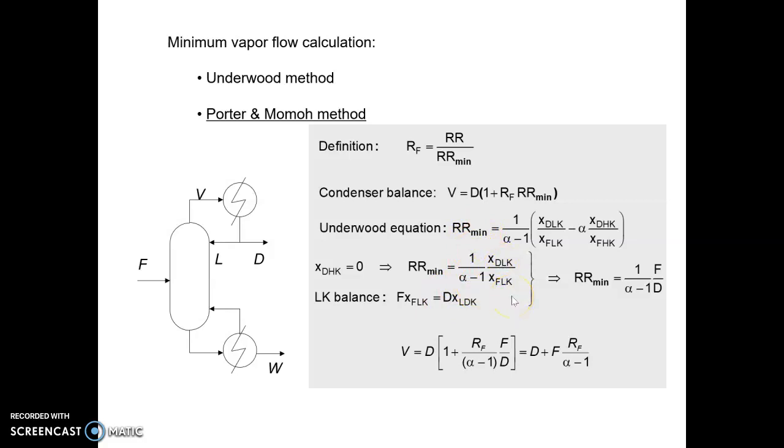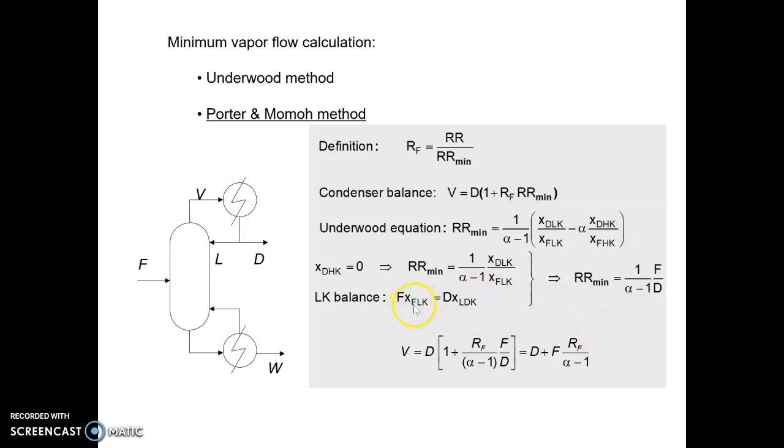Since light key is only coming here, F XFLK is equal to D XDLK, because there is nothing in terms of light key which is going in the bottom. So X light key in bottom is 0, and the B XB term would be 0.